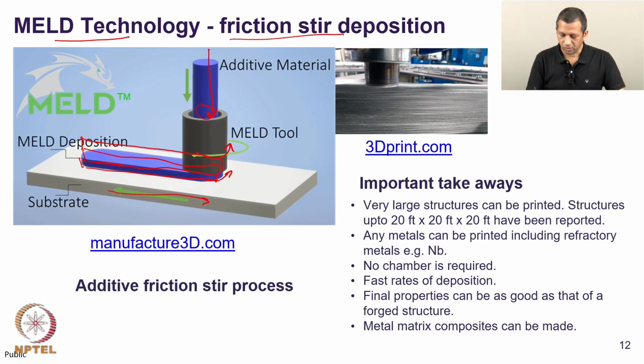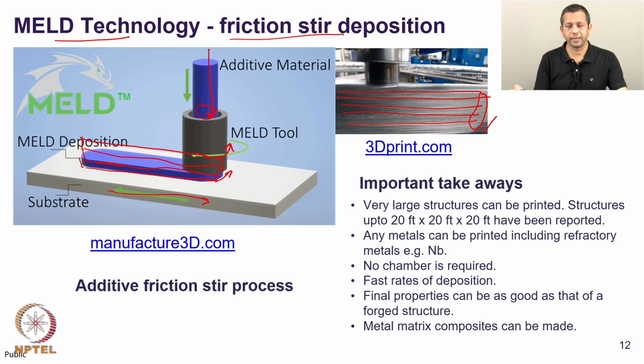A real picture of a part created using friction stir deposition is shown on the right. As you can see, there are multiple layers of the deposited material in this case, and the surface roughness is not very good, which calls for the need of some post processing or surface finish.